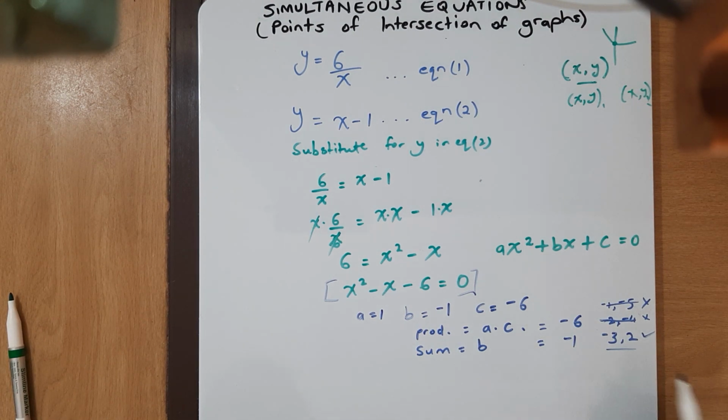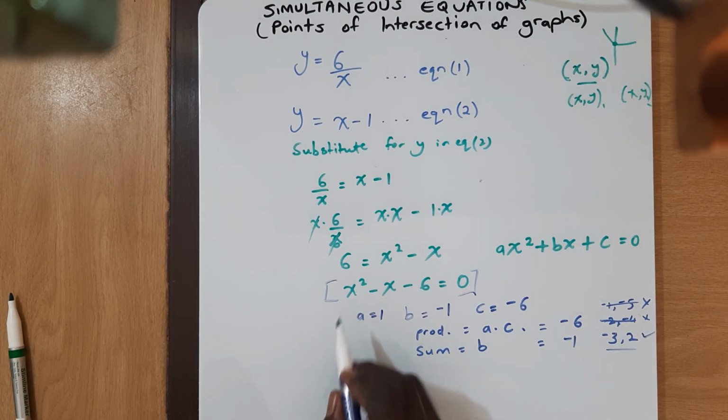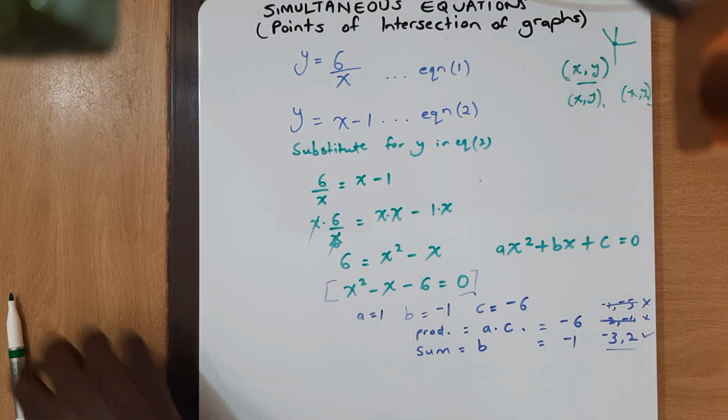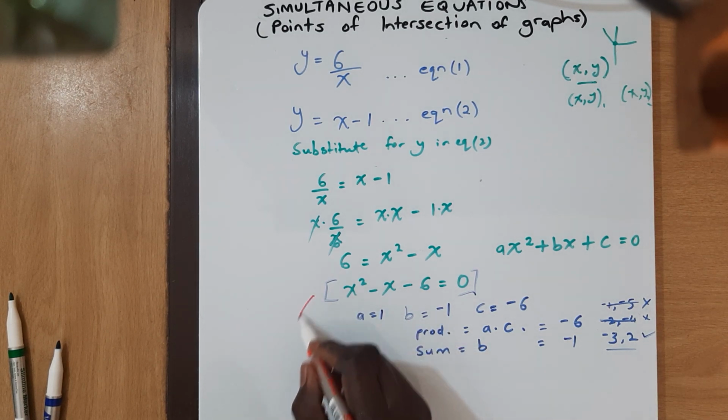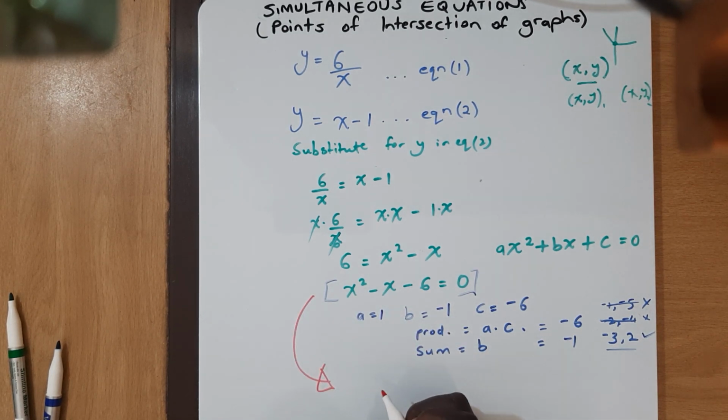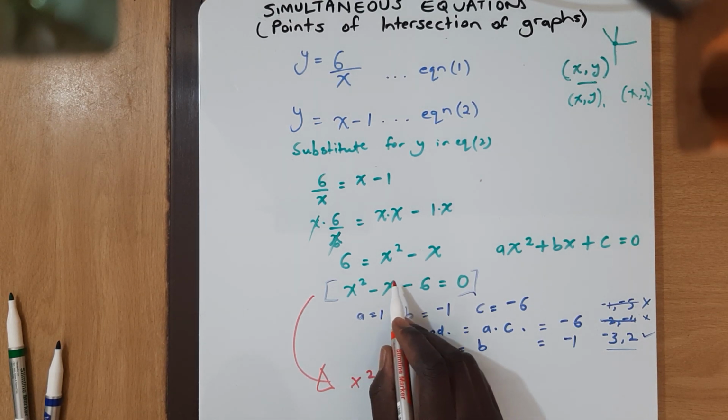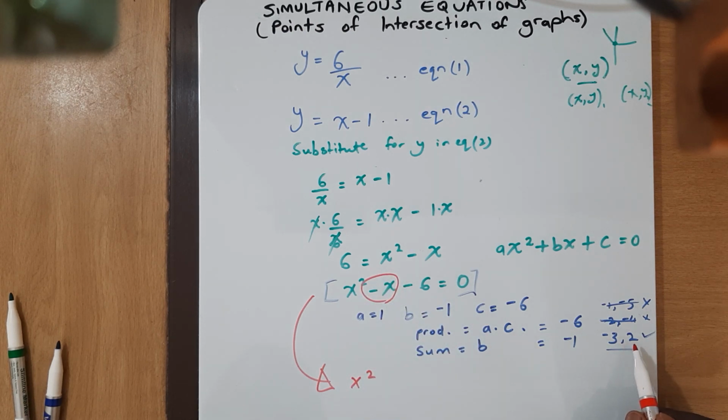Okay, so let's now take these values and factorize the quadratic, right? So x squared, this minus x, we break it down into the -3x plus 2x, -6 equals 0.